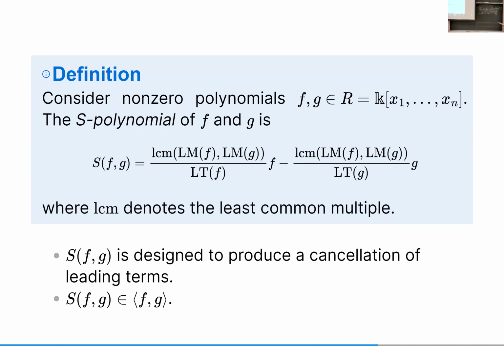And so what does this S polynomial look like for f1 and f2? I have my f1, which was y squared minus x. And well, if I follow my definition, I should put this here and divide by y squared. Minus, I have my f2.